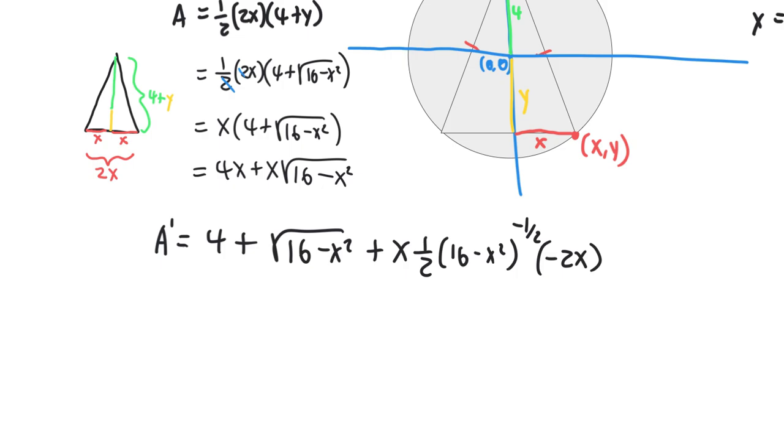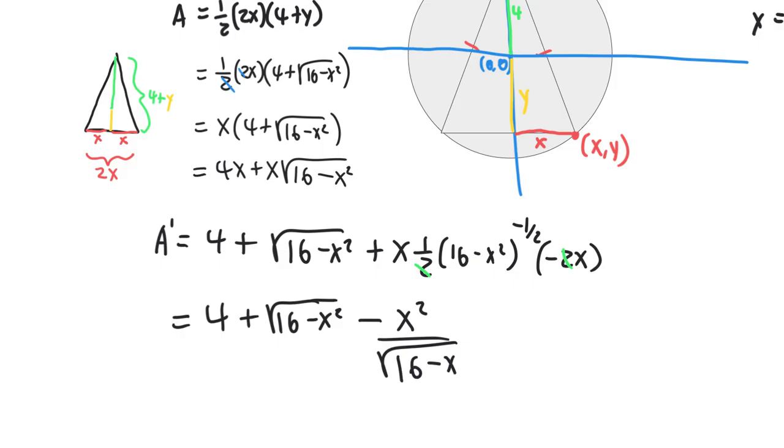That becomes 4 plus radical 16 minus x squared. The 2's would cancel, and it would be minus x squared all over the square root of 16 minus x squared.